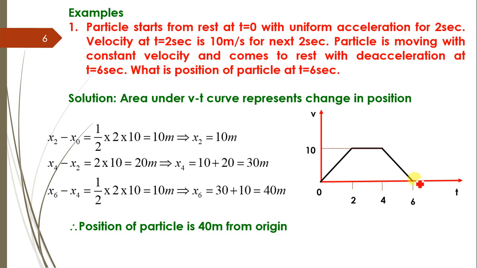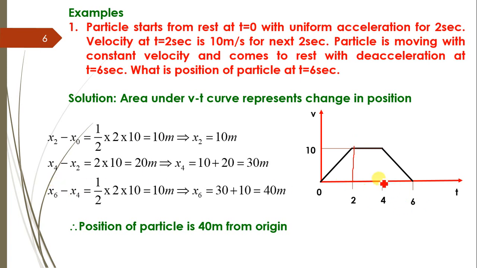In the first case, x2 minus x0, the change in position, equals the area under the v-t curve. This shape is a triangle, so the area is half of base 2 multiplied by height 10, that is equal to 10. So x2 equals 10 meter.